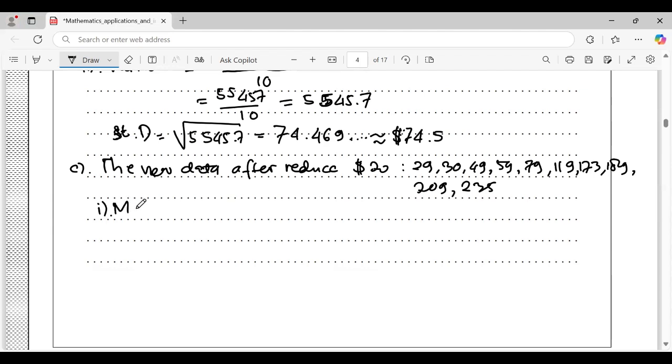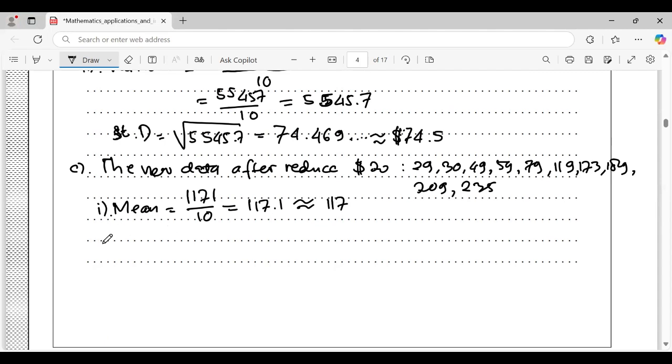The mean is the total data, 29 plus 30 plus 49 plus 59 until plus 235. The total is 1,171 over 10. Mean equals 117.1, or rounded off, 117.